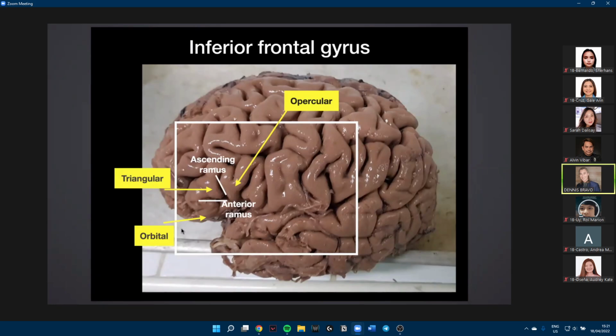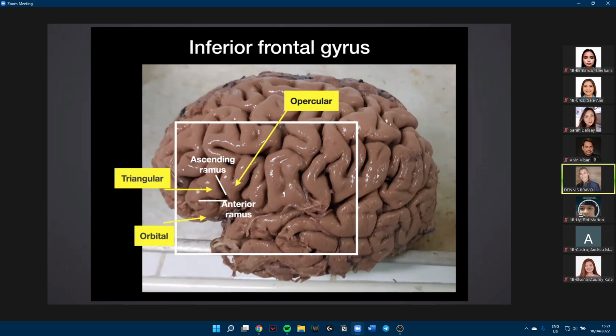The orbital and the triangular gyri are separated from each other by this anterior ramus, called anterior ramus because it is at the front. And the triangular and opercular gyri are separated from each other by what we call the ascending ramus. The name makes sense because, as you can see, it goes upward, which is why it is called the ascending ramus.